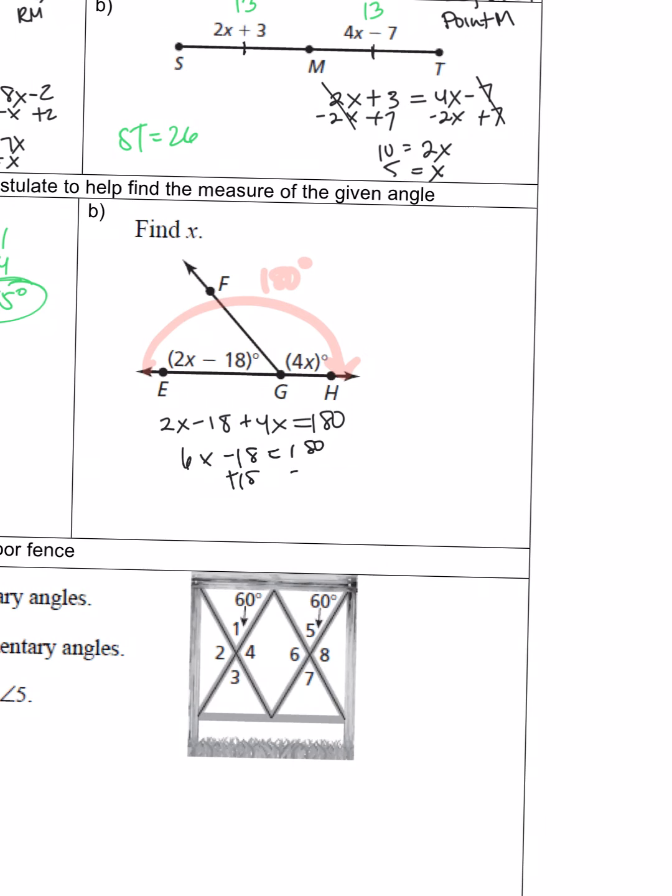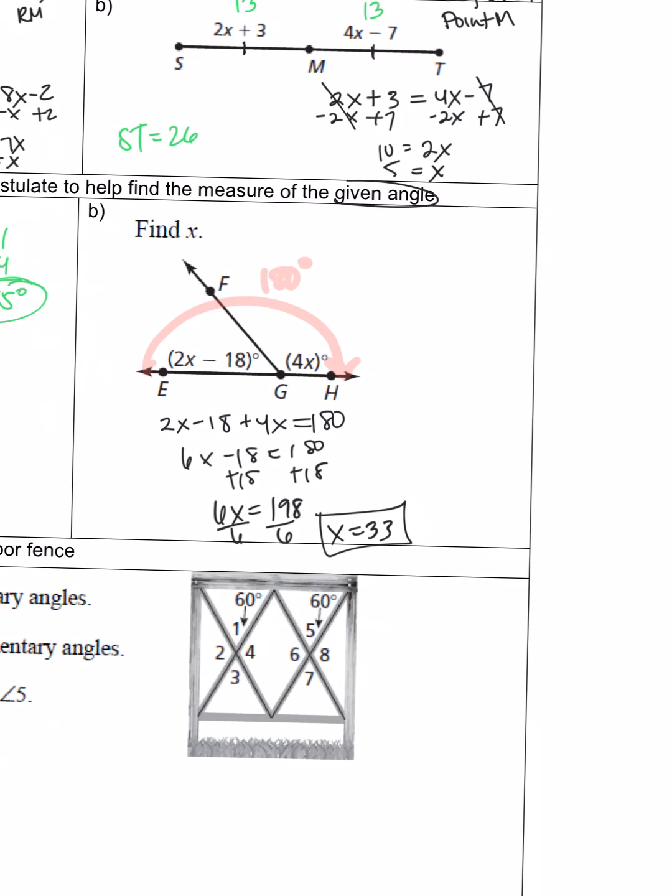Let's add 18 to both sides. We get 6x equals 198, divided by 6. X is 33. And that's all the question asked of us, so we're good.